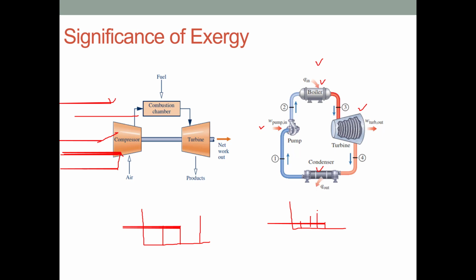So this is the significance of the exergy, that is why we want to learn the new concept. From the energy analysis, now we can shift to the exergy analysis. Exergy analysis will give you the value of the loss in useful work as a result of the irreversibilities.